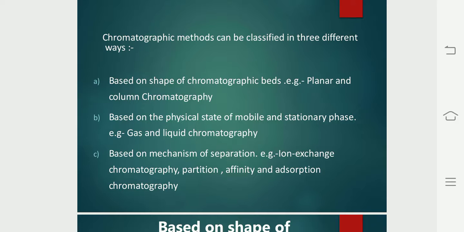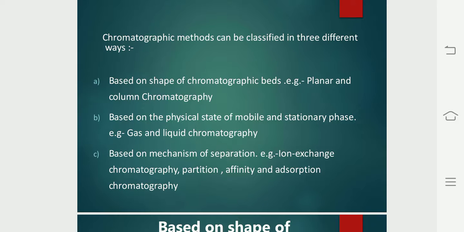The shape may be either planar or column. When plain paper or a thin layer of solid substance is used, that comes under planar chromatography. And when a chromatographic column is used for the separation of the particles, it comes under column chromatography.